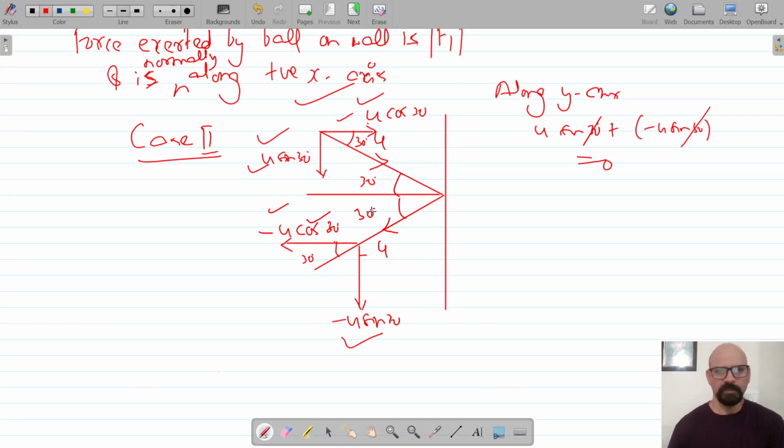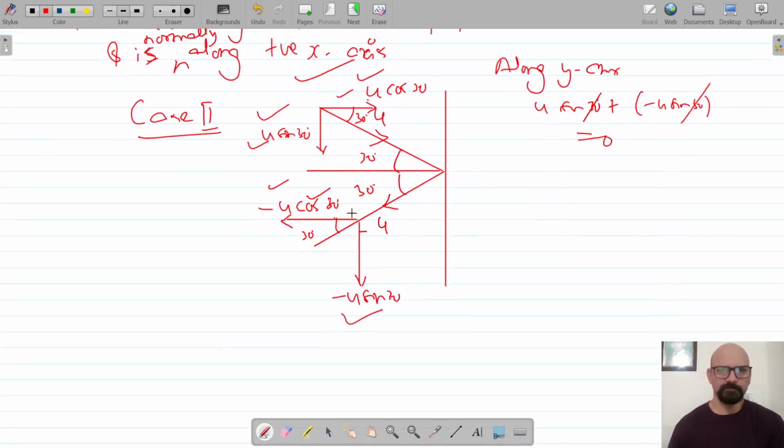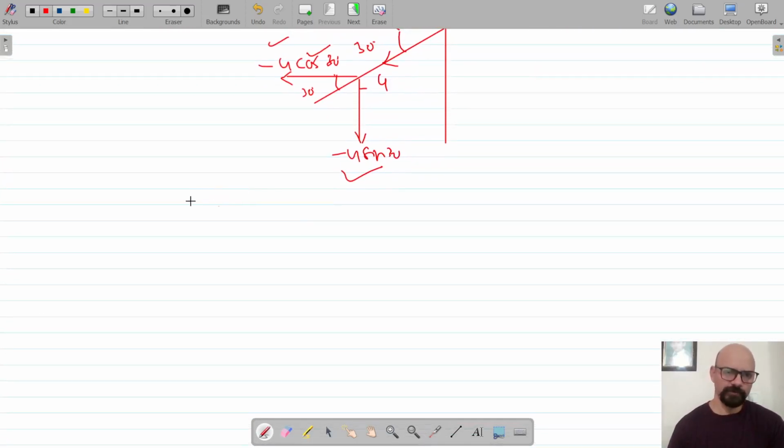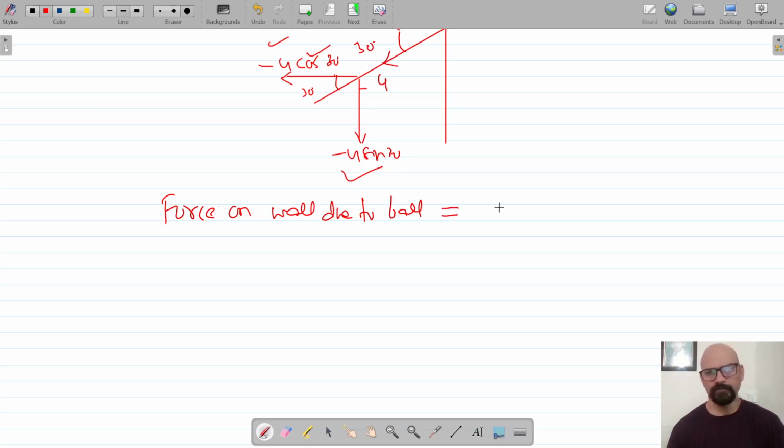So here, the force on the wall due to this ball is equal to change in momentum divided by time.